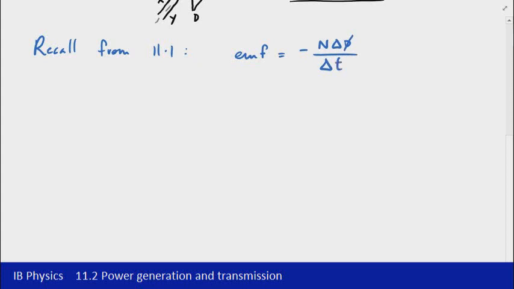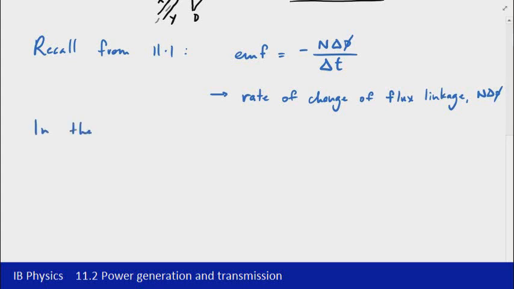More specifically, we're going to look at that as being the rate of change of flux linkage, and hopefully you can recall that flux linkage is the numerator, so basically just N delta phi. And remember that this negative at the front deals with the direction of current flow, so it relates to Lenz's law.